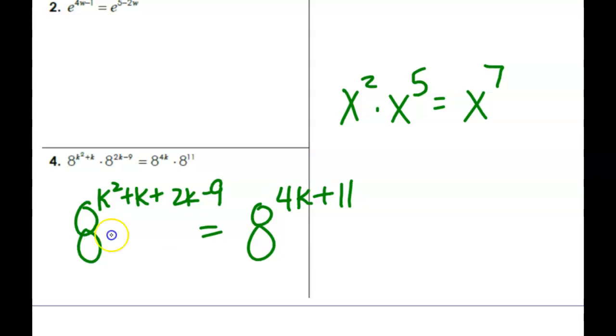Now, if these are both the same base, what do you think we can do with the exponents? They have to equal each other. Now, this one is a k squared plus 3k minus 9 if I combine them. This one is a 4k plus 11.